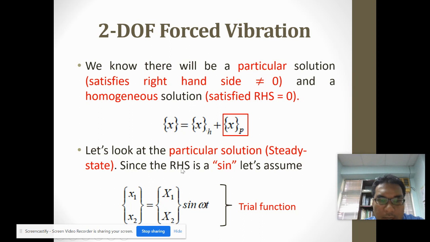Since the right hand side is sine, let's assume we have a trial function like this, where x1 equals amplitude X1 sine omega t and x2 equals X2 sine omega t. Please be alert that the sine always refers to the force.